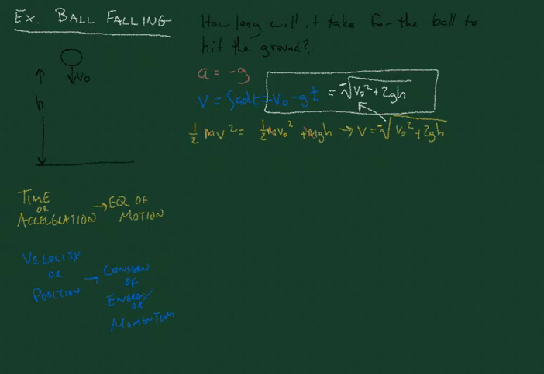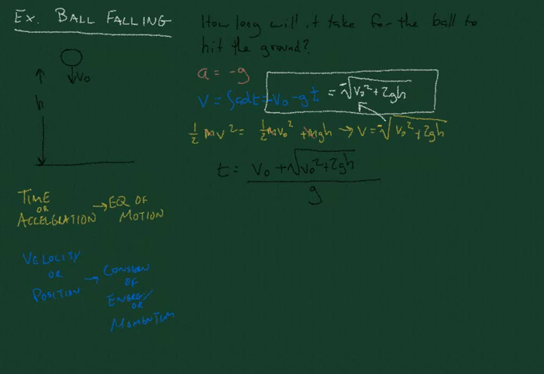So now all the negative signs are going to cancel out, and so we see that the time is going to be v0 plus the square root of v0 squared plus 2gh, all over g. So this is the time it's going to take for that to fall.